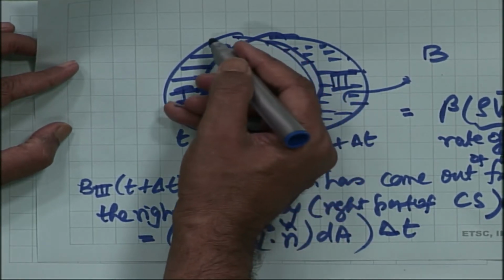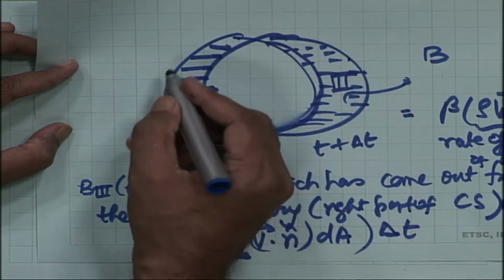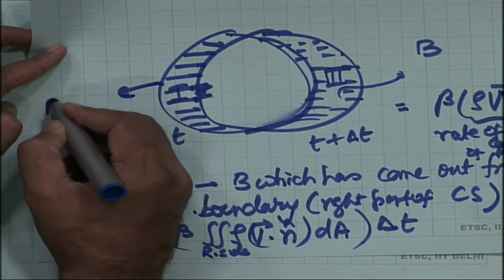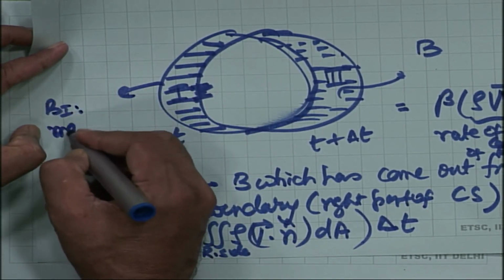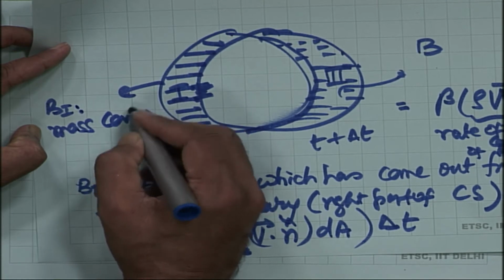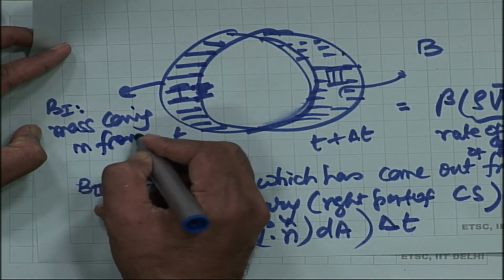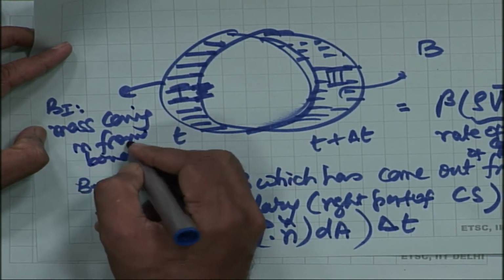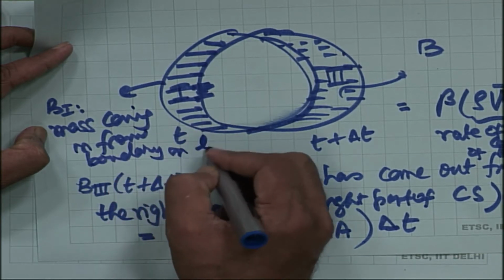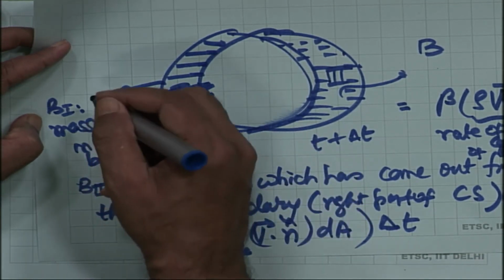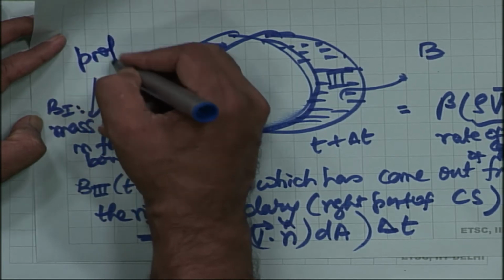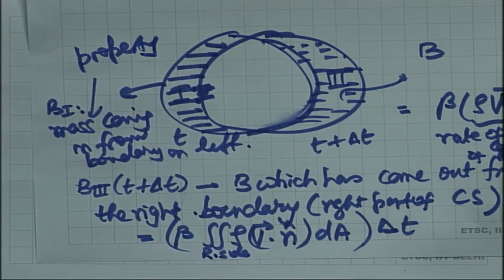So, this is the mass coming in from the boundary on the left, and this is the property of the mass, actually not mass, because B is that property of the mass which is coming in from the boundary on the left.